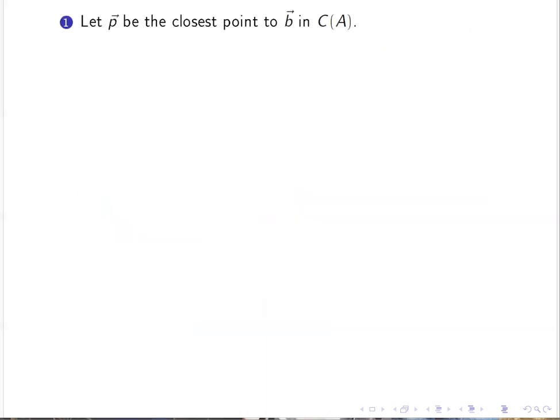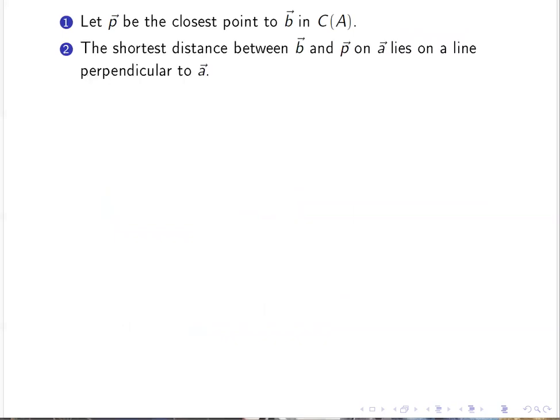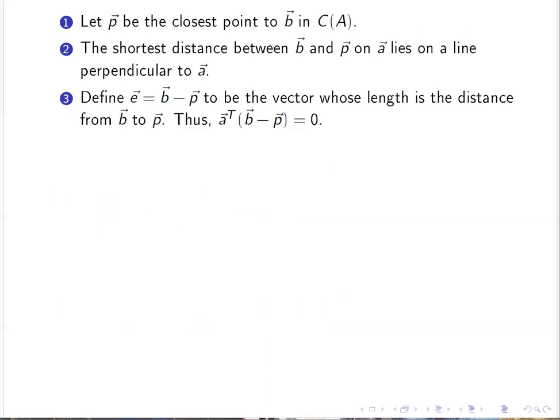With that said, I want P to be the point in the column space that's closest to B. And the shortest distance lies on a line perpendicular to A. So E equals B, my solution I want, minus P, be the vector whose length is the distance from B to P. Since it's orthogonal to A, I can multiply by A transpose on the left-hand side, and it'll equal the zero vector.